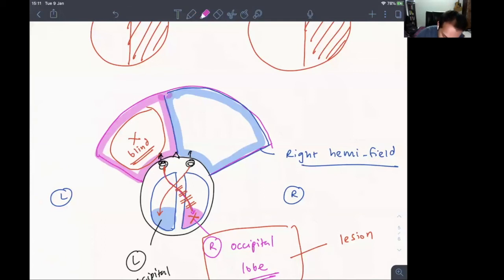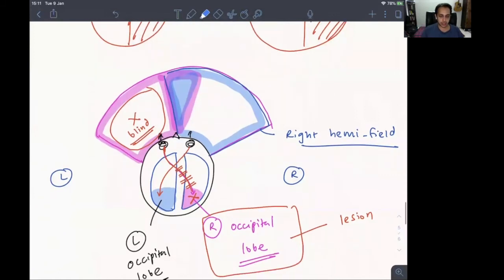Your central bit has an overlap, which is why we focus on the temporal fields of vision, because that is specific to one side. So if there is a defect there, we are able to localize the lesion a lot easier.